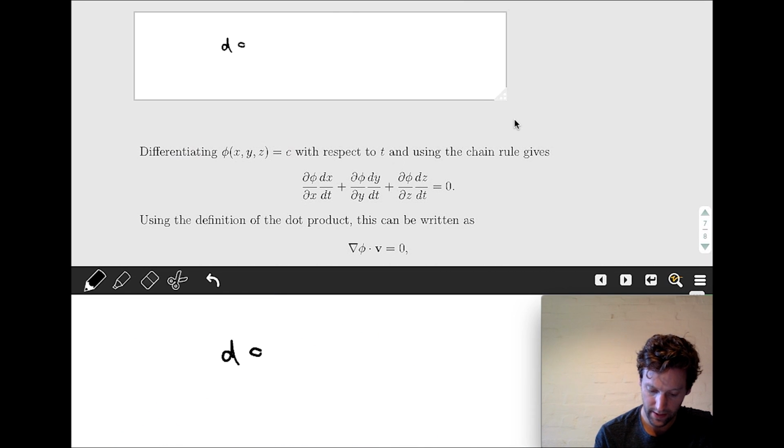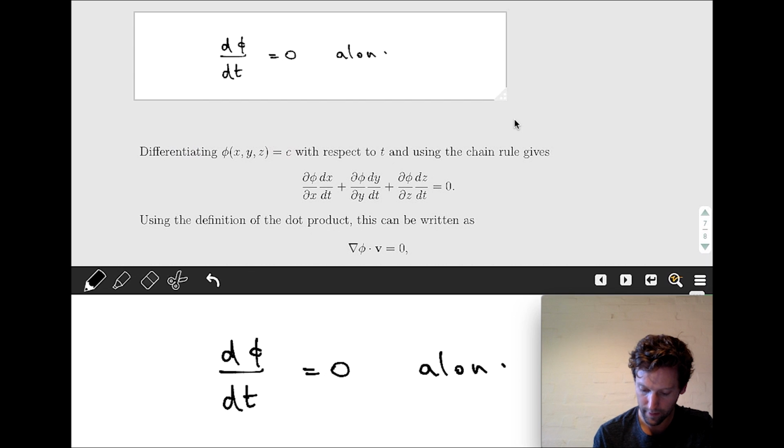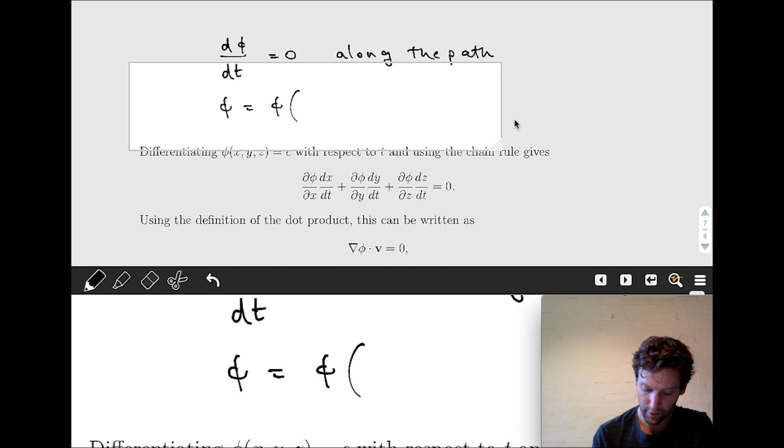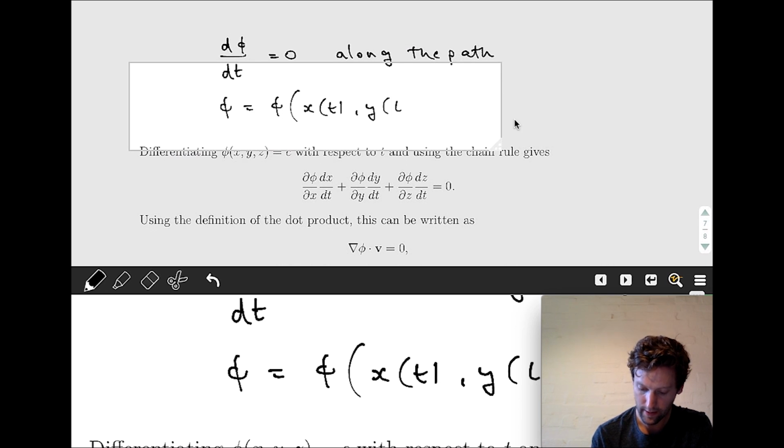d phi dt equals 0 along the path. But of course, phi is a function of x, y, and z.